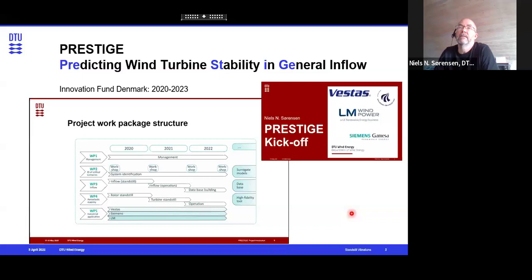This project had 4 technical work packages, one on identifying critical scenarios, one on inflow, and then one on aeroelastic stability of standstill in a general fashion, and then 3 industry tracks where we analyzed specific turbines from the industry participants. So a lot of the work we will see here today was done together with this consortium.